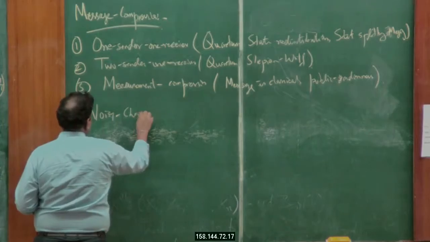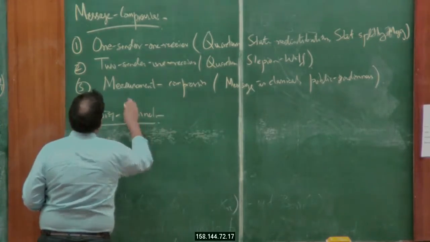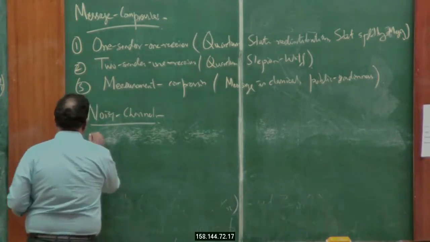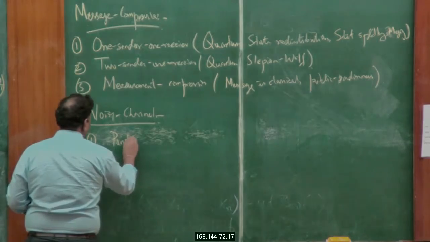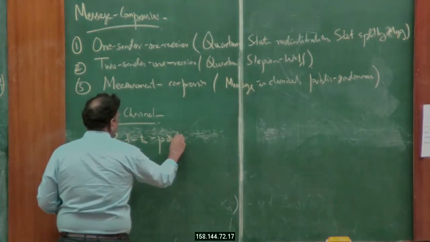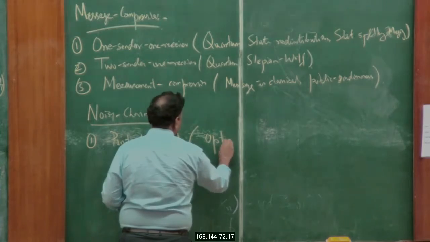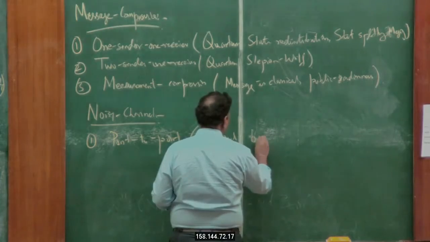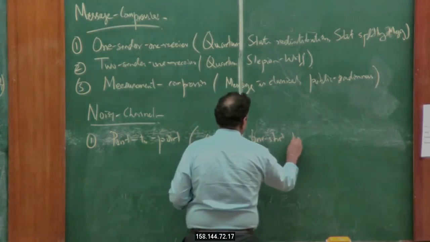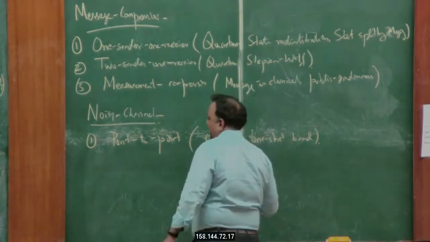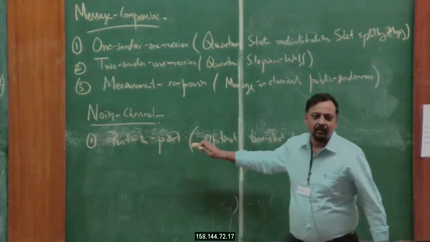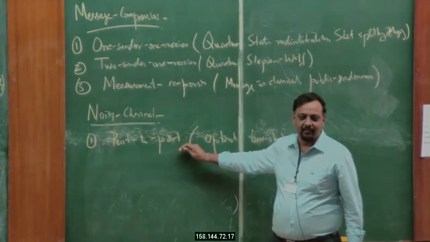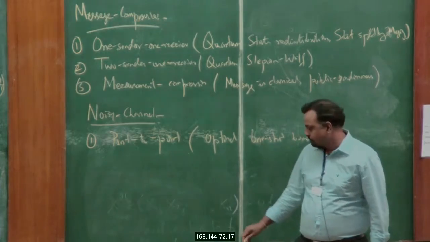So this message compression is in the ideal channel setting. In the noisy channel setting, we could give an optimal one-shot bound for the point-to-point channel. Interestingly, for the plain and simple point-to-point channel, the optimal bound was not known in the one-shot setting.